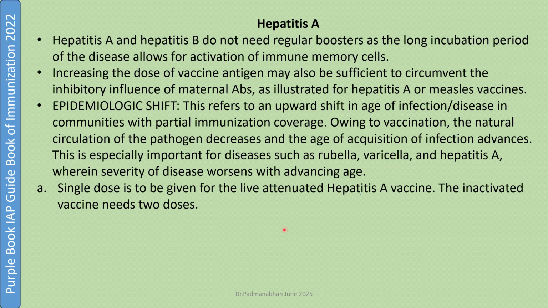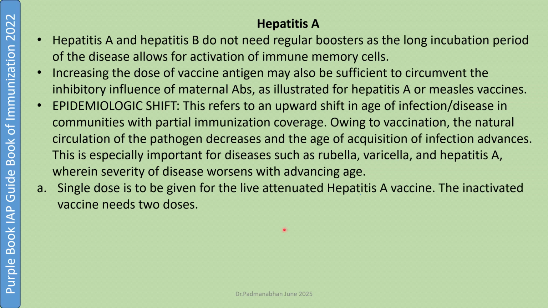But for a live vaccine, they are supposed to produce the primary and the secondary immune response with a single dose. Most of the vaccines we are advising a second dose: MMR we are advising 3 doses, varicella 2 doses.